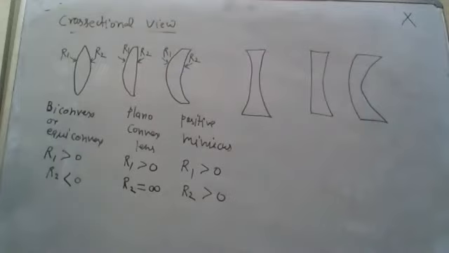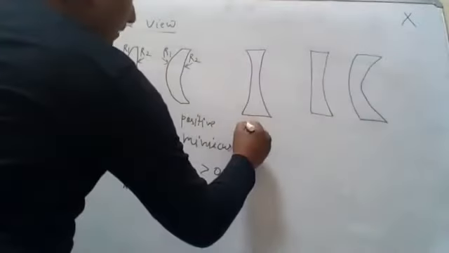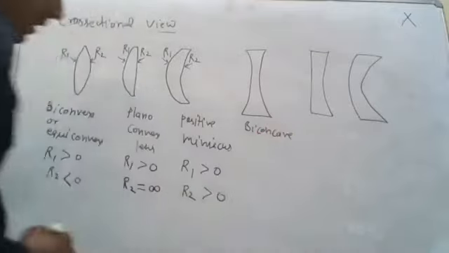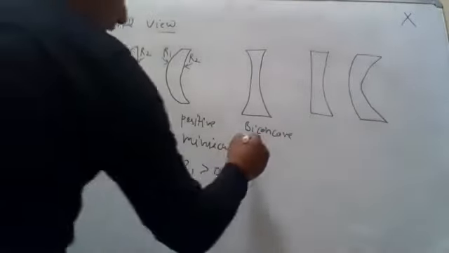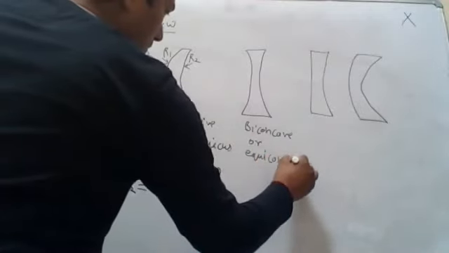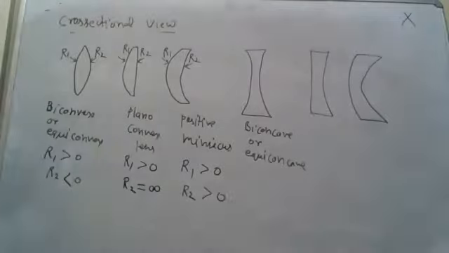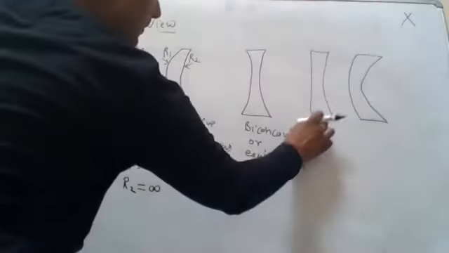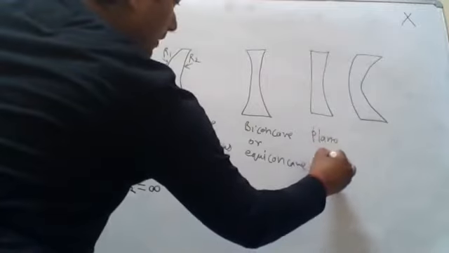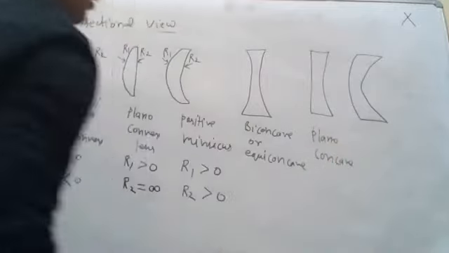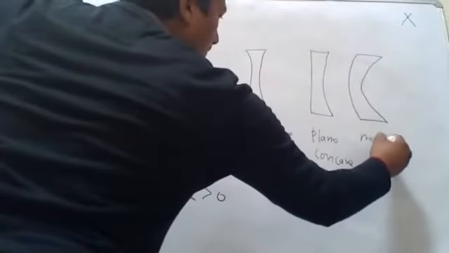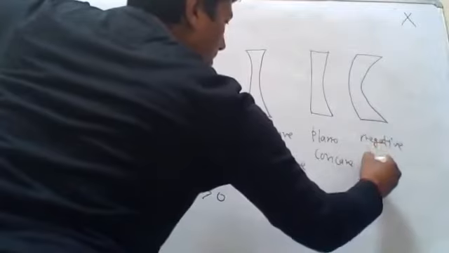This lens is named the biconcave lens, also known as the equiconcave. And what is the name of this one? Plano-concave lens. And this one is known as the negative meniscus.